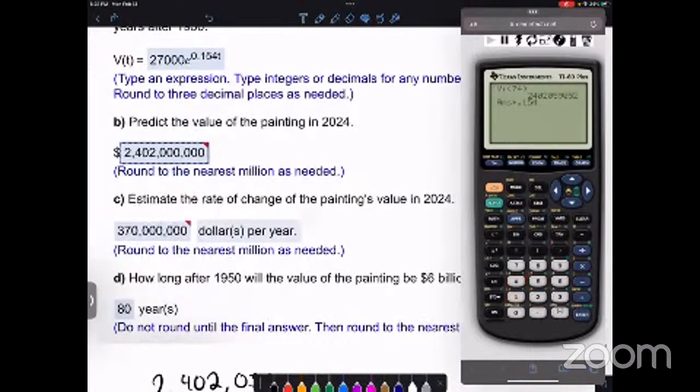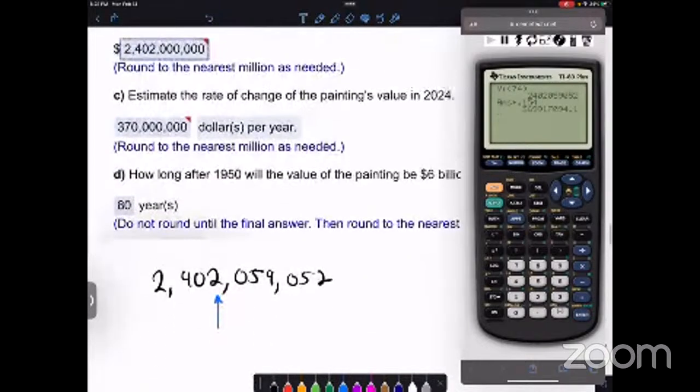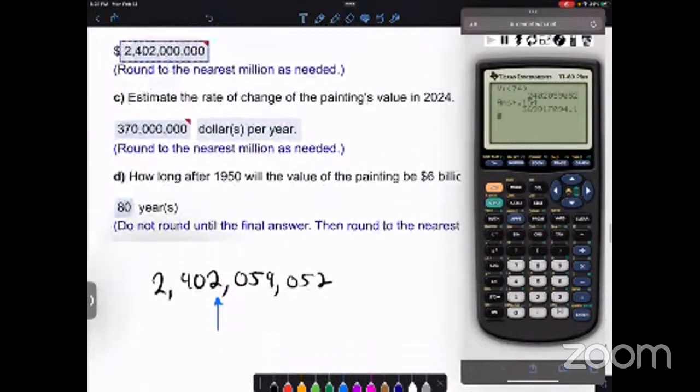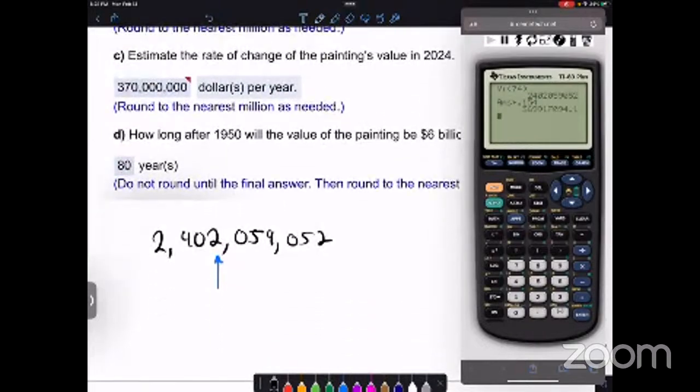So again, for part C, we got a result of 369,917,094.1. Again, if it says round to the nearest million, the millions place is right here with the 9.